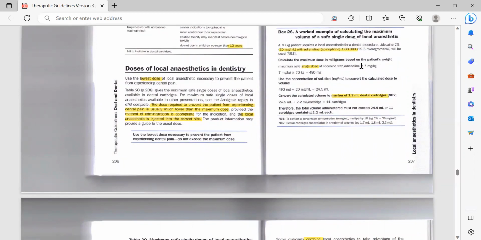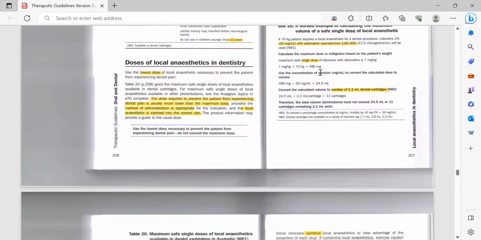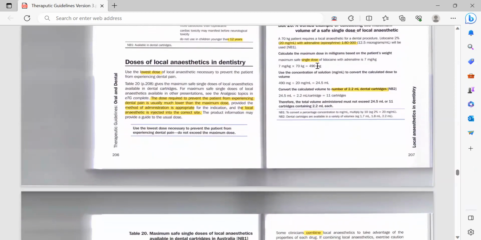For lidocaine with adrenaline, the single maximum dose is 7 milligram per kg. For a 70 kg adult, you multiply it by 70, so it would come to 490 milligram you can inject in a 70 kg patient.